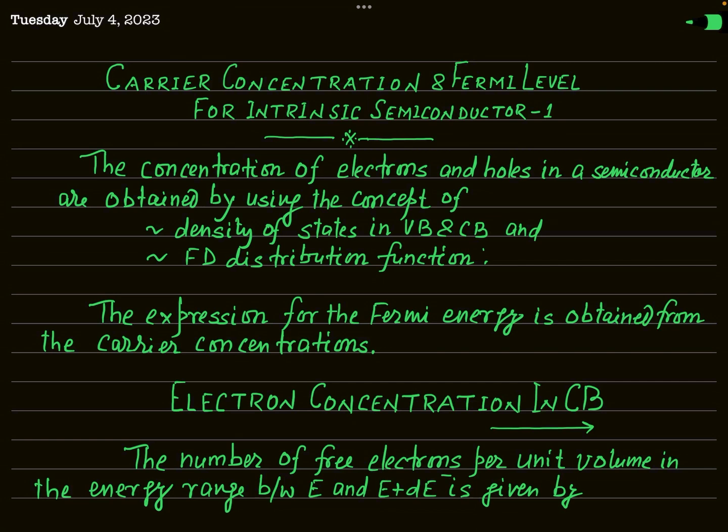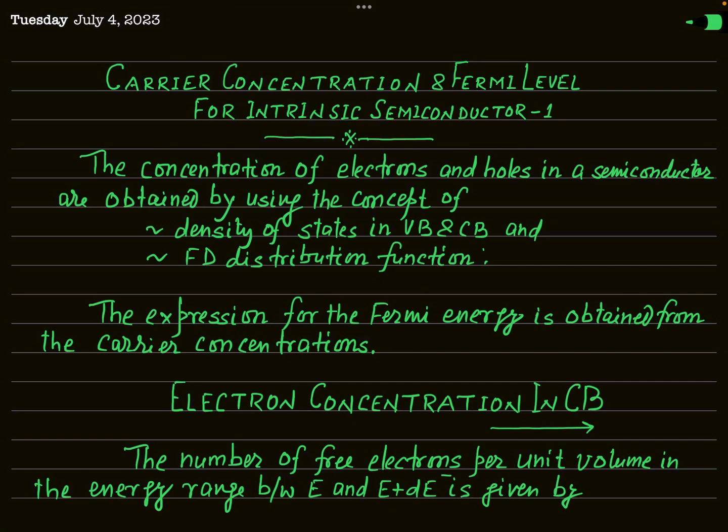As you know, semiconductors are of two types, intrinsic and extrinsic. So the same problem will be dealt with for the intrinsic semiconductor and also for the extrinsic semiconductor. This first lecture is for the carrier concentration and Fermi level for intrinsic semiconductor.